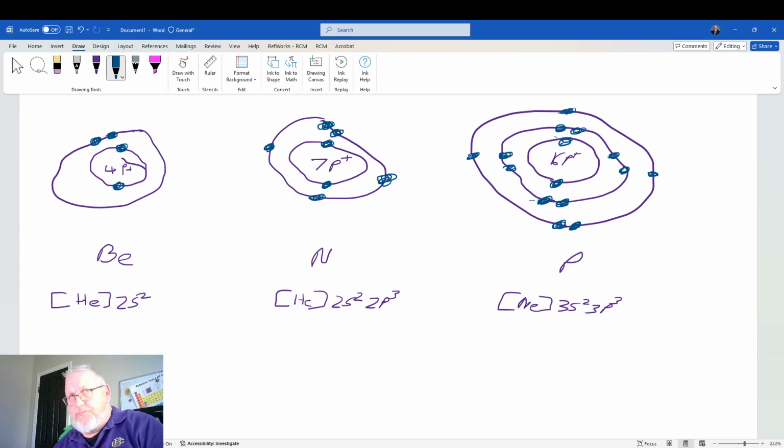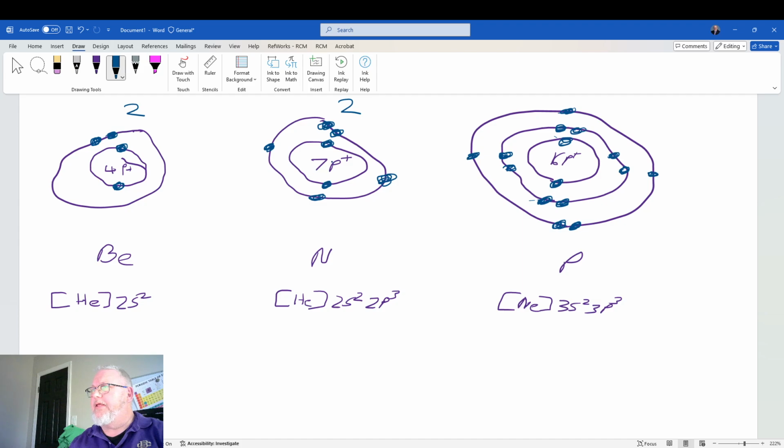So, what's going on here? I've got the same shielding electrons right here as I do right there. I've only got 2 shielding electrons for beryllium. They're not valence, they're shielding. They're absorbing some of that positive proton effect. So I've got 2 right there.